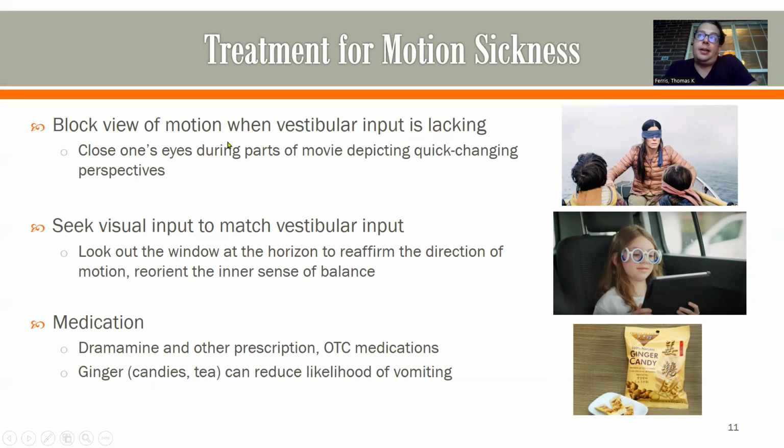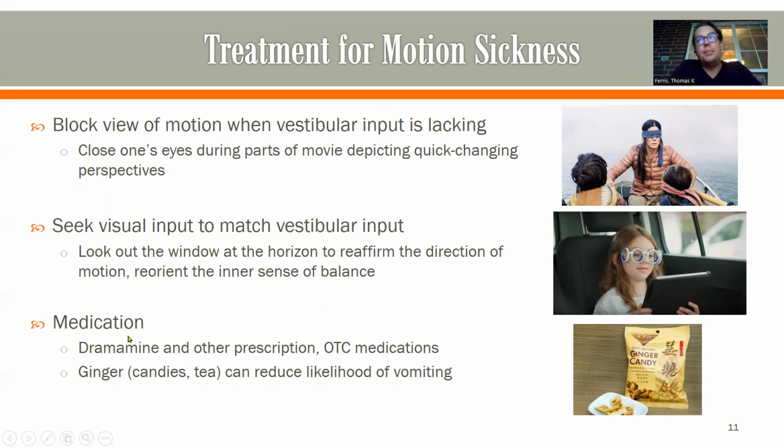And of course, if your vestibular system is telling you you're moving, seek visual input that also tells you you're moving. If your vestibular system is saying you're not moving and your vision is saying you're moving, close your eyes. That's the easiest way. Make the two match as best you can, and then you can overcome the discomfort. There can be nausea, eye strain, headaches. It happens to everybody. Your brain doesn't like it, and it manifests that dislike in a lot of ways.